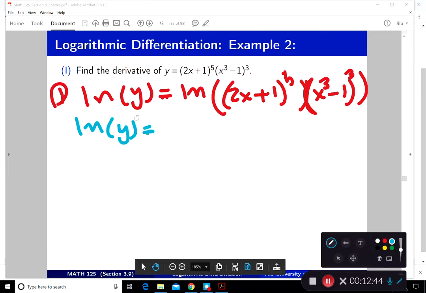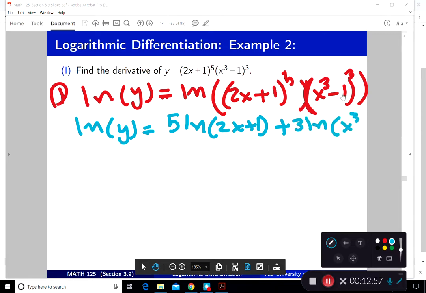So I can write 5 natural log of 2x plus 1 plus 3 natural log of x to the power 3 minus 1. It's important to notice that I cannot simplify this any further using the product rule, because there's no product or exponent inside, as the exponent should be covering the entire thing.